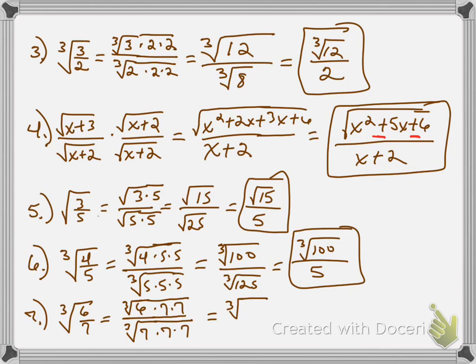We have 7 times 7 times 6 gives us 294 over the cube root of 7 times 7 times 7, which gives us 343, right? For those who need to see the big number, the cube root of 294 over 7, because the cube root of 343 is 7. And that's your answer. I hope that helped for rationalizing the denominator. Now, let's move on to the next one.